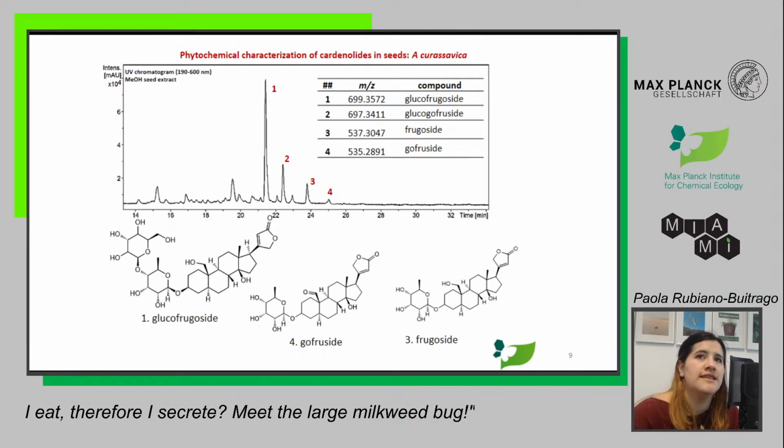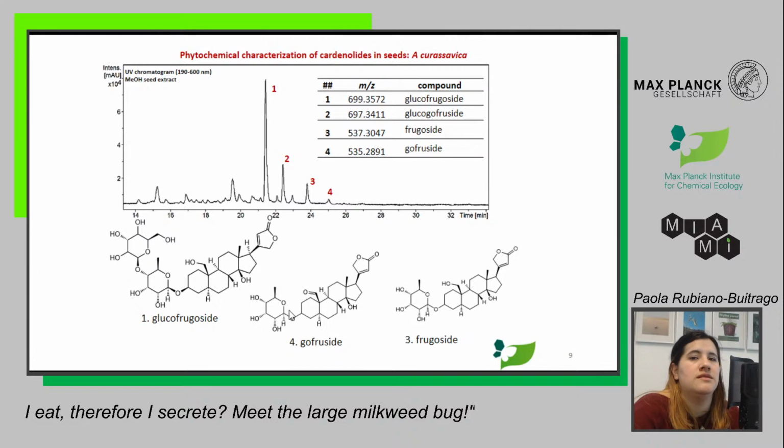So this is how a profile looks. Basically, this peak tells me about the presence of a compound. And this peak contains way more information than this: it contains the masses and the fragmentation pattern in a specific analysis tool. Through my analysis and isolation, meaning getting these pure compounds to understand them, I know that the main peaks are this type of cardenolides.